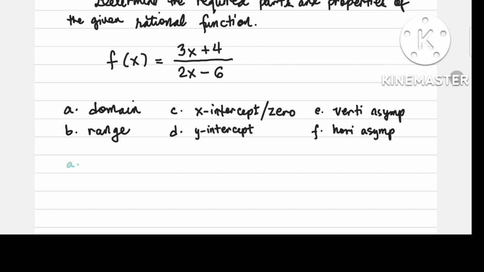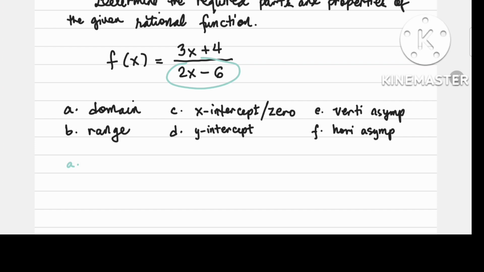Letter A. According to our definition earlier, we don't want the denominator of our rational function to be 0. Now, looking at this particular example, what value of x will make the denominator 0?